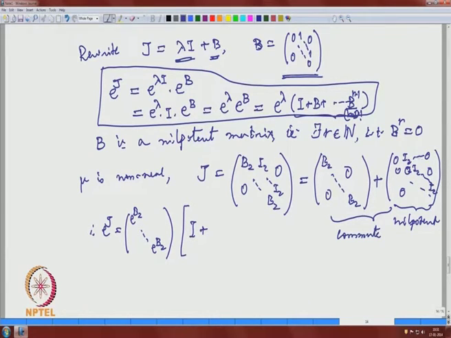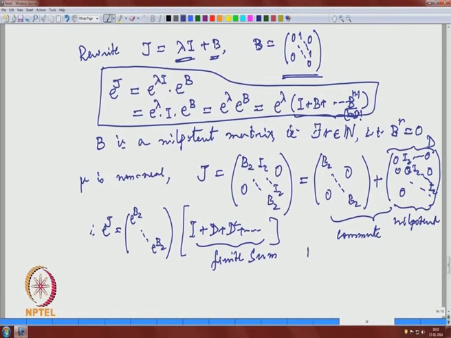So, let me call this matrix as some D. So, I have D plus D square etc. So, this is a finite sum. So, there is no problem about that, finite sum. And leave it as an exercise.